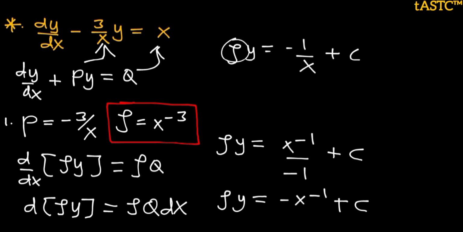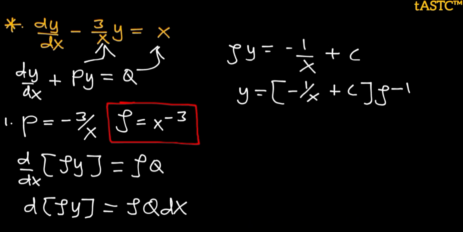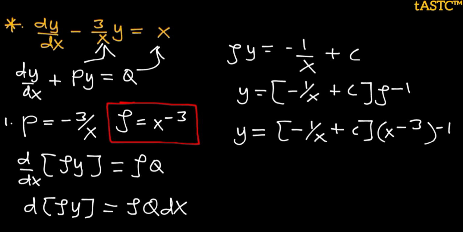And finally we need to take rho to the other side. So y is equal to negative 1 over x plus c multiplied by rho to the negative 1. Now we know what rho is. Rho is x to the negative 3. So y will be equal to negative 1 over x plus c multiplied by x to the negative 3, and this is all raised to the power of negative 1.